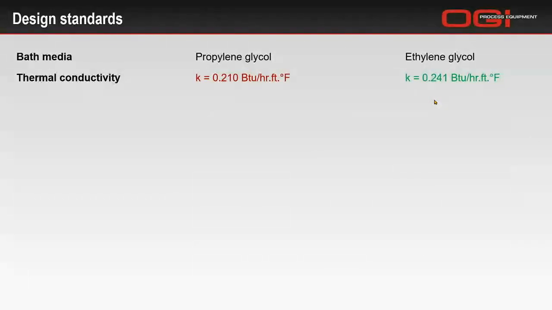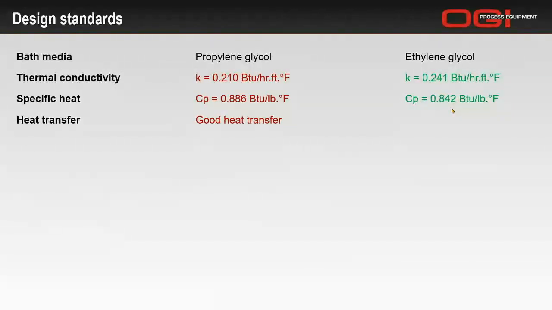Your specific heat is how much energy is required to raise your bath by 1 degree. And for ethylene, with this lower number here, it's more efficient at transferring heat. So for these reasons, we feel that propylene is good, but ethylene is much better.